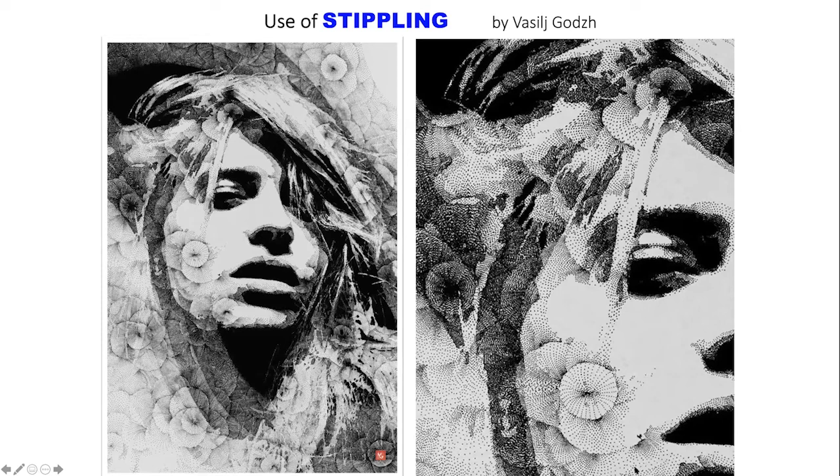Dots are still part of that line family that some of you might have used in your Zentangles, or you might not have, but stippling is also something that people often forget about when we think about lines, because they're basically a line that hasn't extended yet. It's just the point.